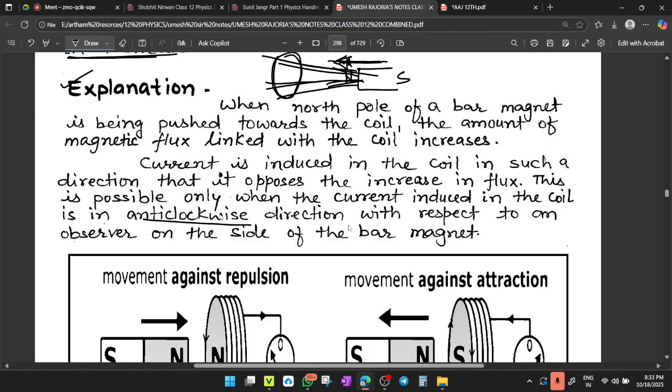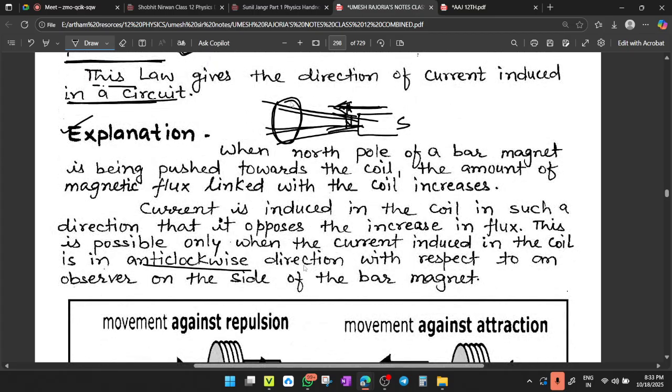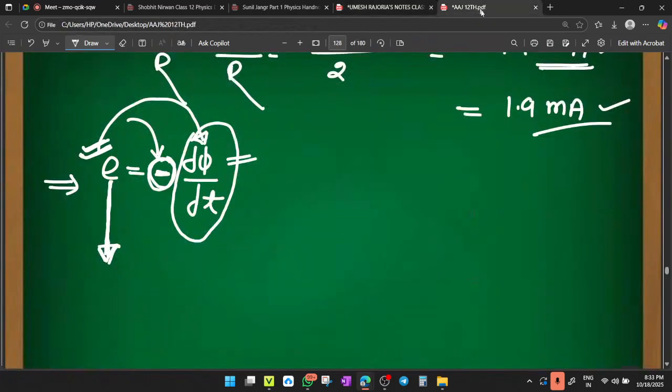Yes, only then can you offer opposition to this north pole by this loop, when there is a development of north pole. Yes or no? And we have learned about magnetic poles that when there is a flow of current in anti-clockwise direction, then there is a development of north pole. So if north pole comes closer to the coil, then the induced current will be developed in the anti-clockwise direction.